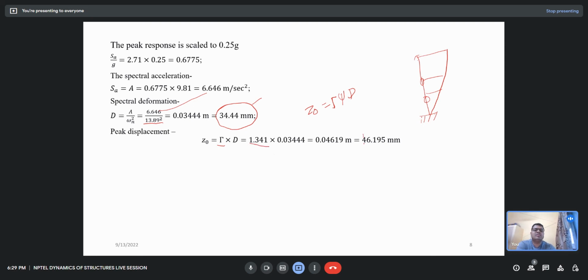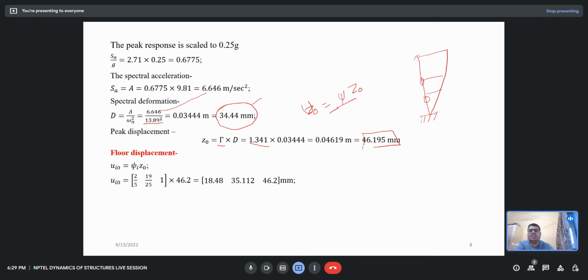So that deflection becomes 46.2 mm, and my floor displacements become u naught equal to load factor gamma into shape function, sorry, not gamma, multiplied with this, that will be the z naught.